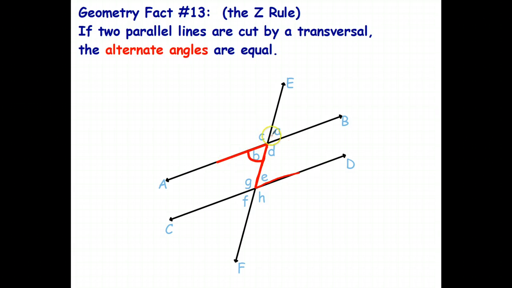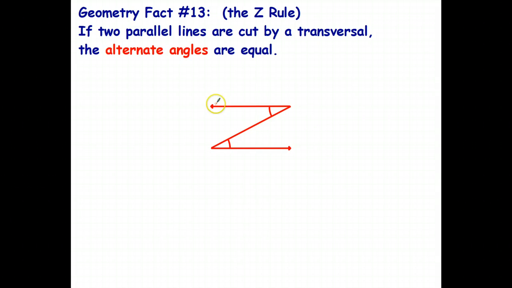So they're called alternate angles. Alternate means opposite, and these are on opposite sides of the transversal. And that's also called the Z rule because that diagram looks a little bit like a Z. So if two parallel lines are cut by a transversal, the alternate angles are equal.